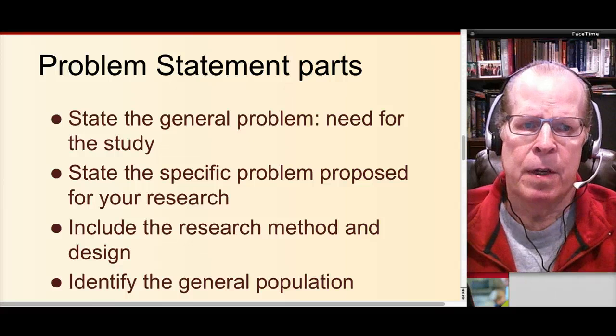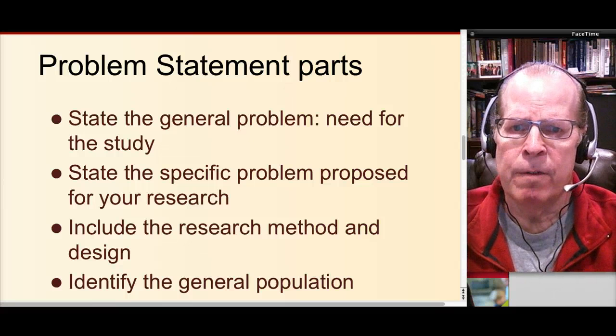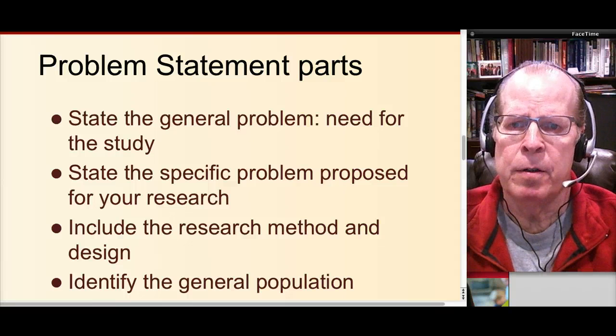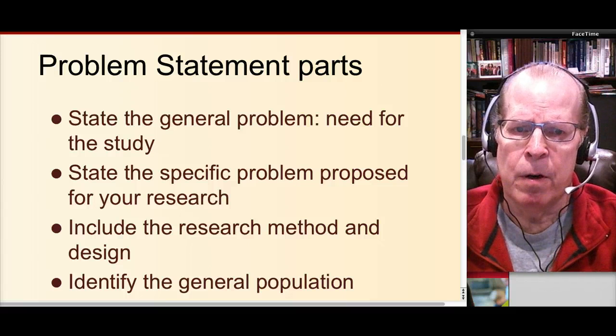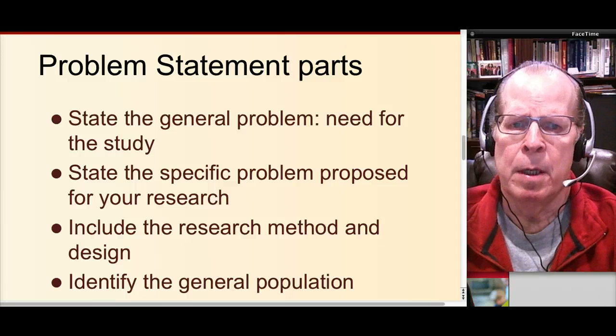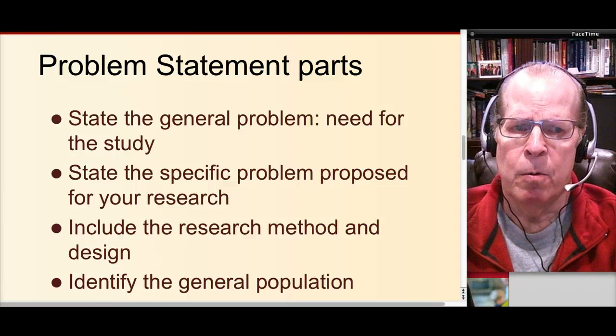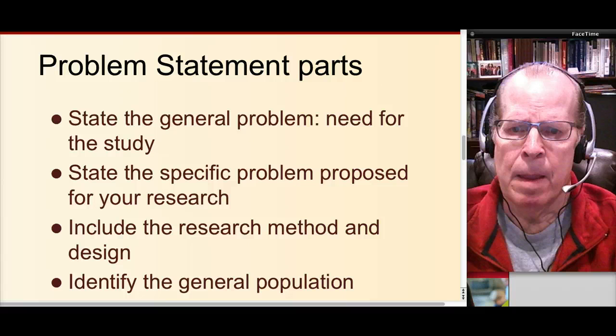The problem statement actually has 4 parts. The first part is in your narrative, you state the general problem. What's the general need for the study? And then from that general problem, you narrow it down to the very specific problem that you're proposing for your research project.